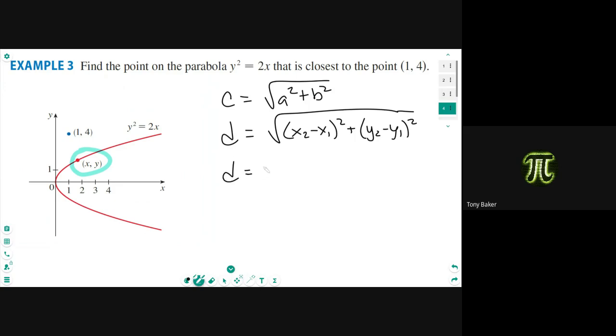Yeah, so we'll do x minus 1 squared, since I'm putting something in, I can get rid of this 2, and y minus 4 squared.